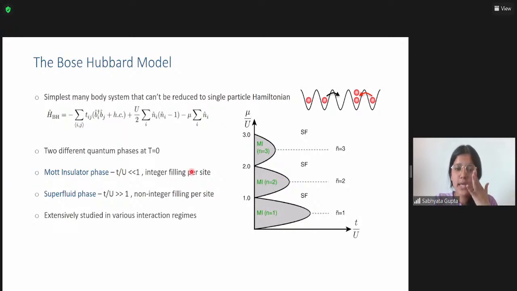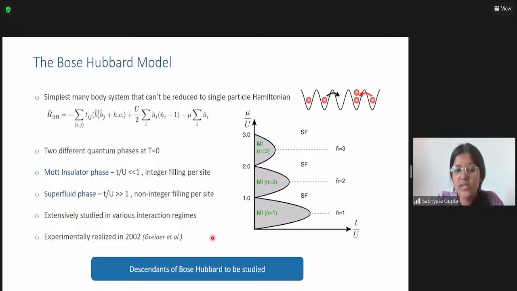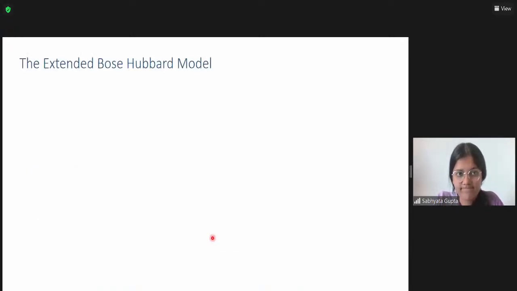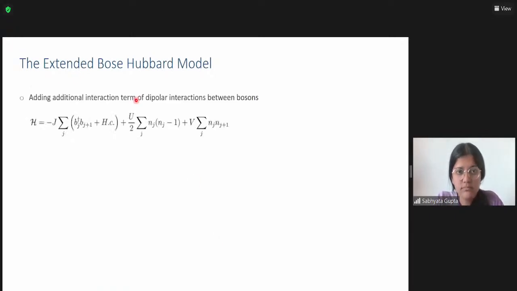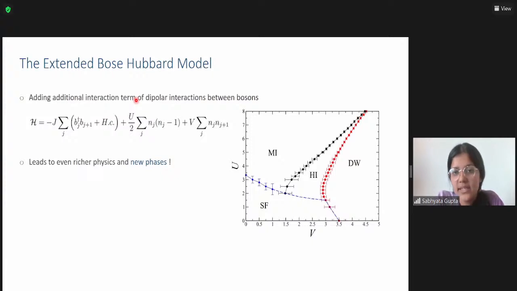But what is more exciting is that experimentally, it was only realized in 2002, which is very recent. Now, if we add more kinds of interactions to the Bose-Hubbard model, which we call the extended Bose-Hubbard model, it leads to a very different phase diagram.